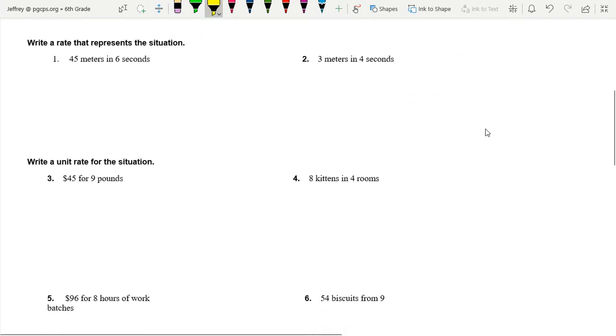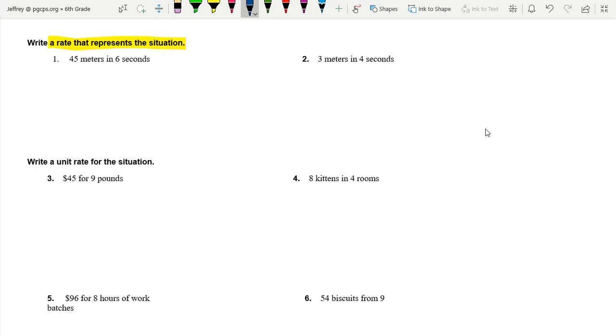So now let's have some problem samples. Number one, it says write a rate that represents the situation. Remember, a rate is still a ratio that uses different units. So when you say write a rate, we can write it as a fraction or as a word. For example, 45 meters in 6 seconds.